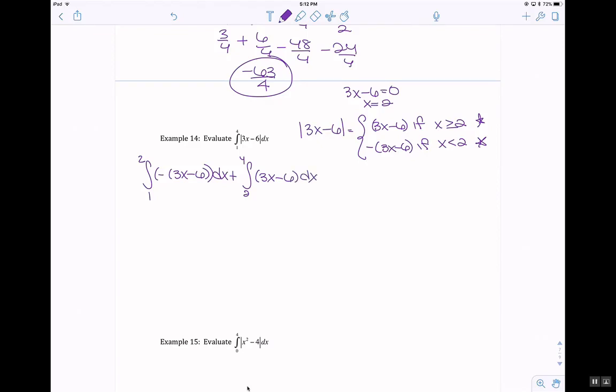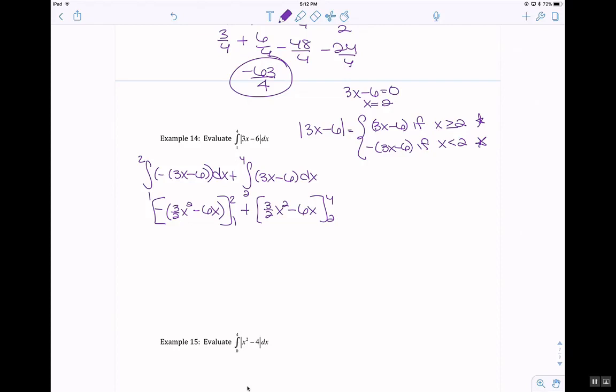So then when I take this antiderivative, I'm going to get negative of 3 halves x squared minus 6x going from 1 to 2, plus 3/2 x squared minus 6x going from 2 to 4. And then I just evaluate it.